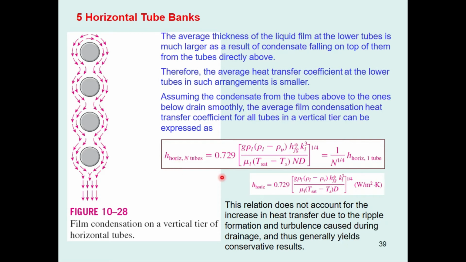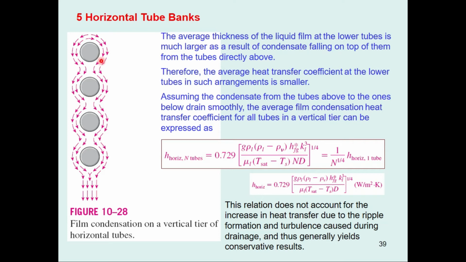So this relationship does not account for the increase in the heat transfer due to the ripple formation and the turbulence caused during drainage, and generally yields a conservative result. This expression does not consider the effect of the ripples on the thickness of the condensate film, and it is not considering the effect of turbulence, which is caused during the drainage process.